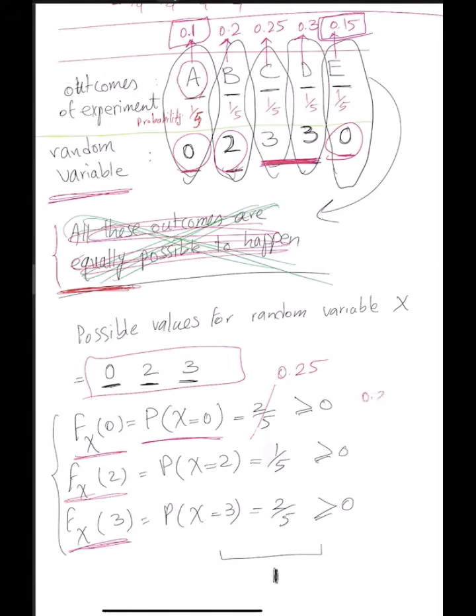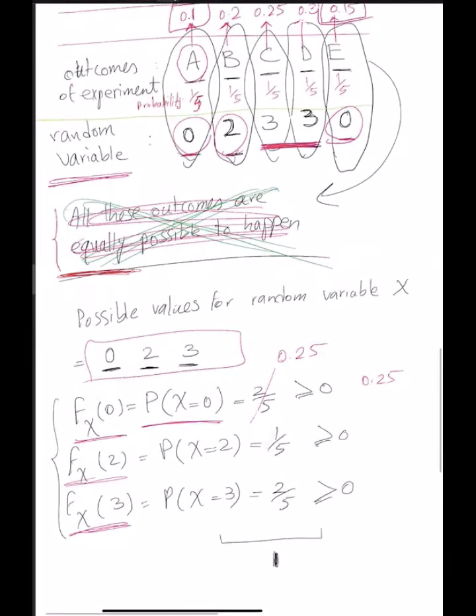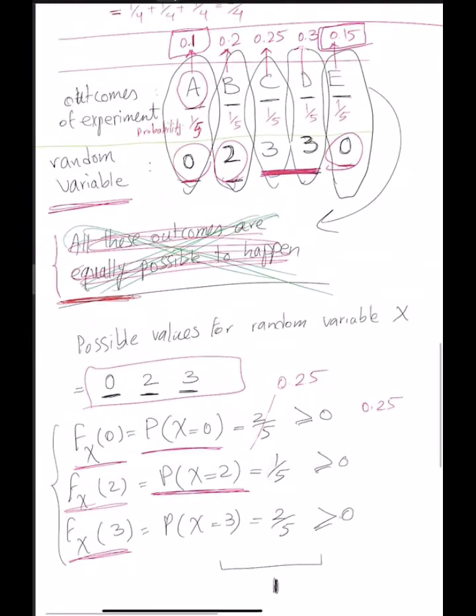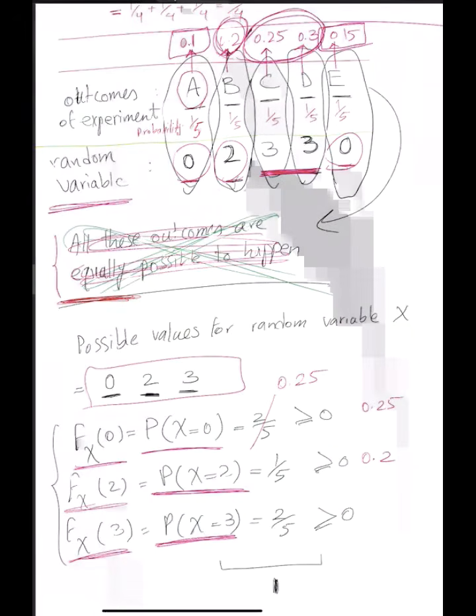Okay, I'm going to write it here. And how about 2? When would the random variable get value of 2? What is the probability that the random variable gets 2? 0.2. When I observe B, which happens with probability of 0.2. And when would the random variable get value of 3? When C or D happens, and that happens with probability of 0.55. When C happens or when D happens, and we add, right?